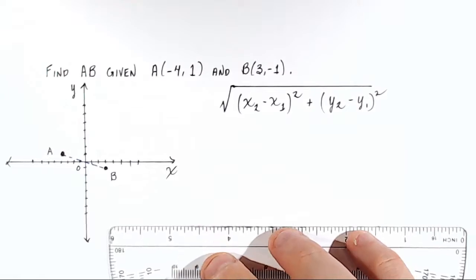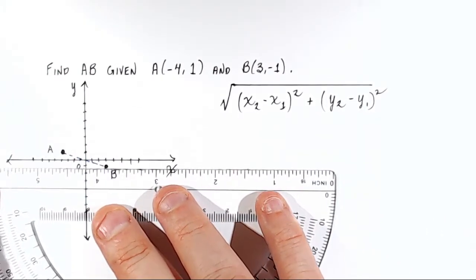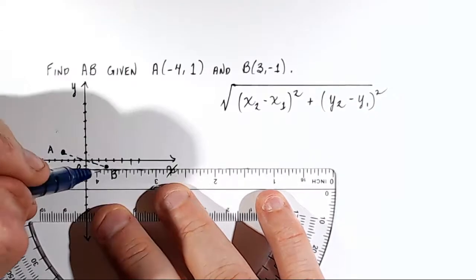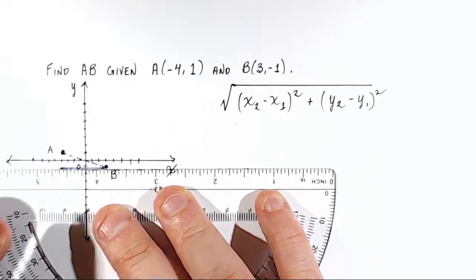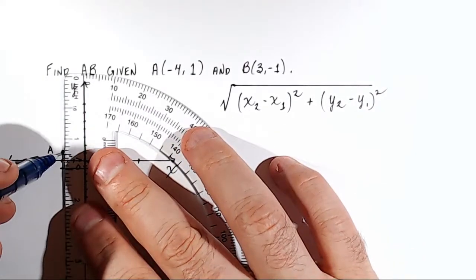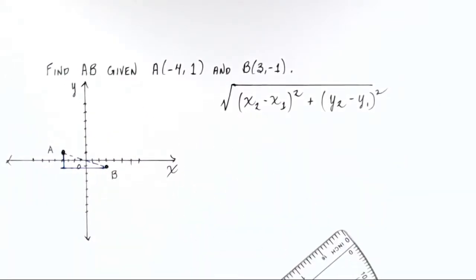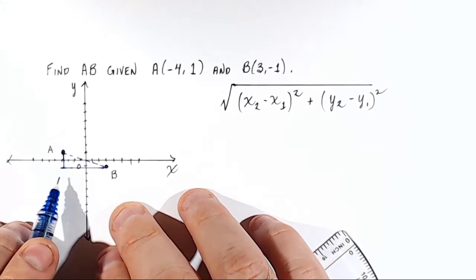I'm going to go back to my graph here and take you through this thought process about how triangles are hidden in these pictures. Here, I'm going to create a right triangle by completing the triangle. Now let's talk about the difference in the x values.